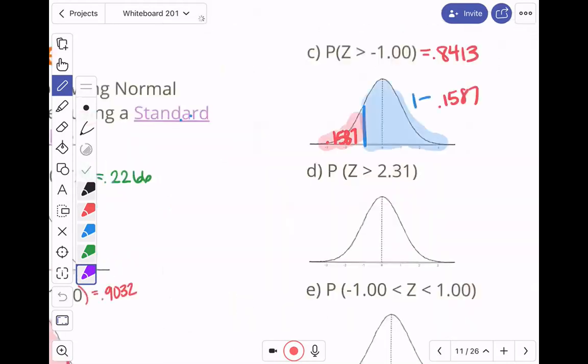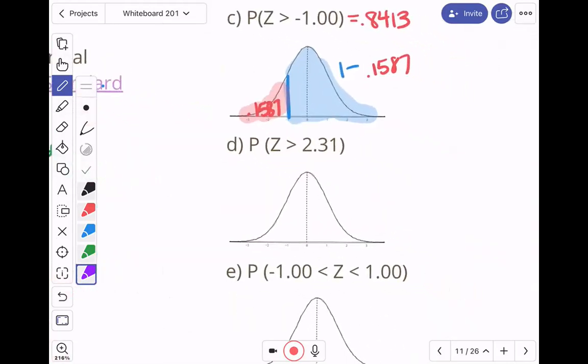If they give me the probability that z is greater than 2.31, well, 2.31 is going to fall somewhere out here, right? And greater than that value is this way right here. I can do 1 minus whatever I get there. Or what else can I do? Look at the negative version. Here's -2.31 sitting out here.